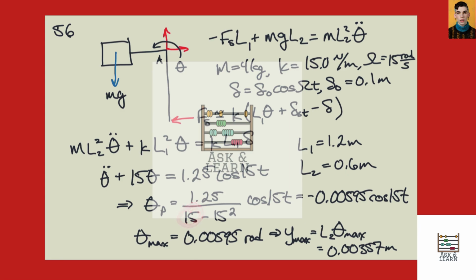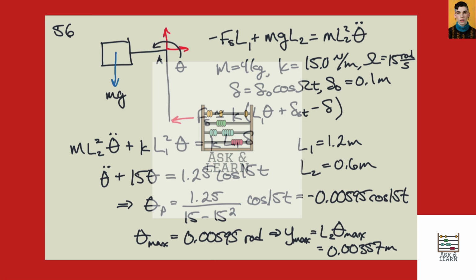Omega n squared is 15, the forcing frequency is 15, so we need to square it, so we get 15 minus 15 squared, and then cosine 15t, because this was a cosine. Plugging in values, this becomes minus 5.95 millimeters, and this is negative because the excitation frequency is greater than the natural frequency.